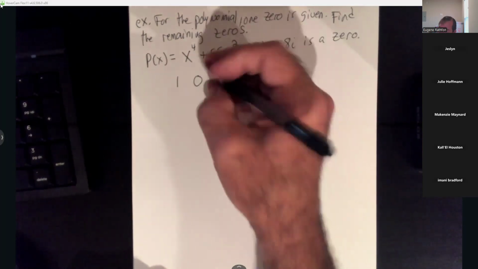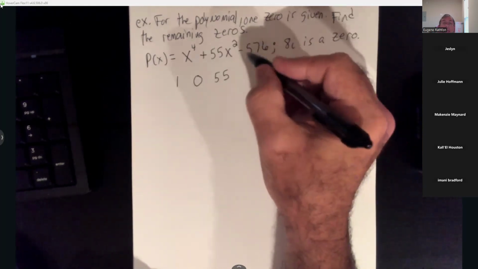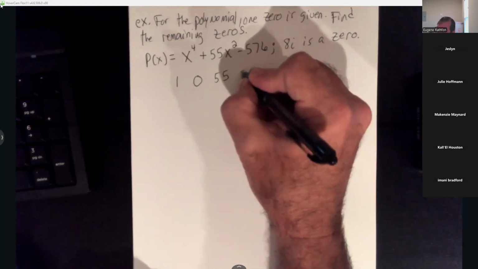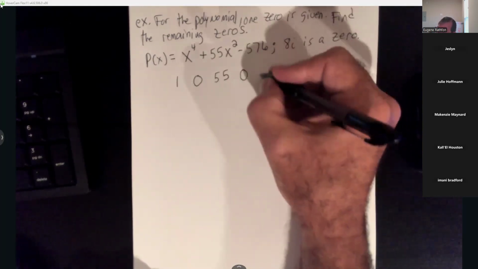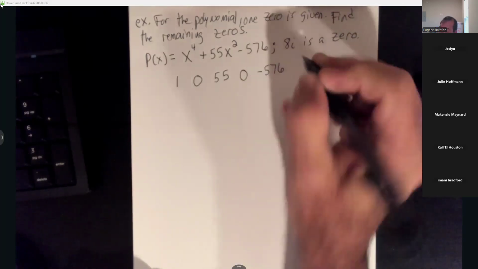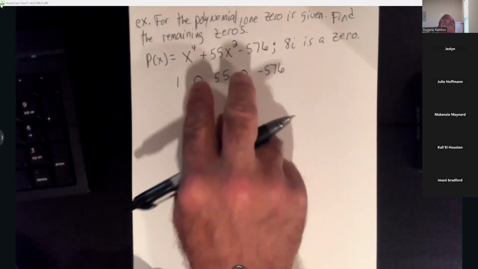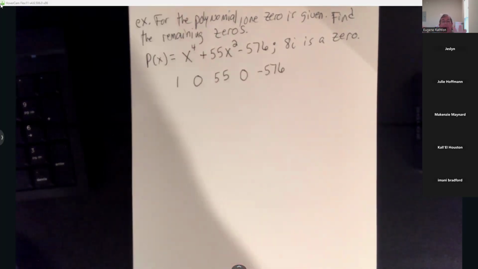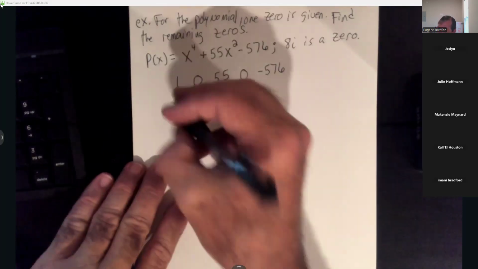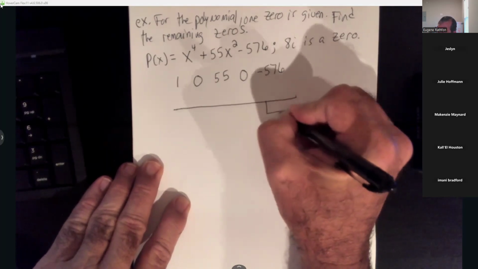Then I got 55 for my x squared. I got 0 x's. And then at the end, my number is a negative 576. So since I didn't have an x cubed and an x, we have to put zeros as placeholders, okay? All right, so let me mark that off.